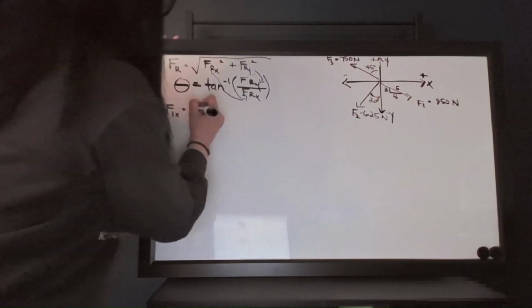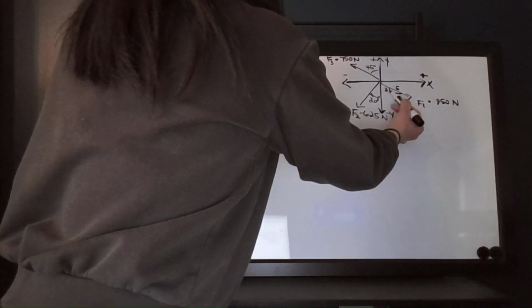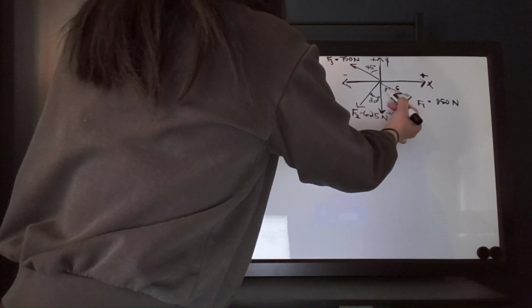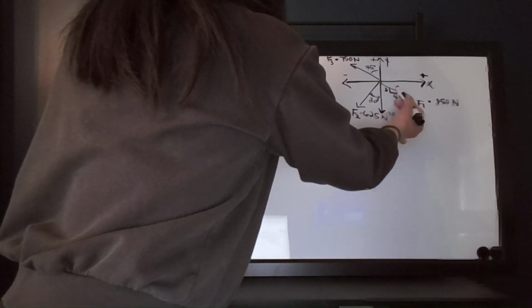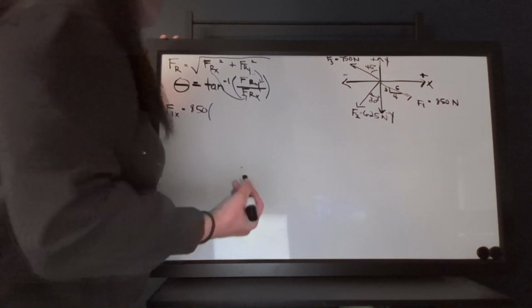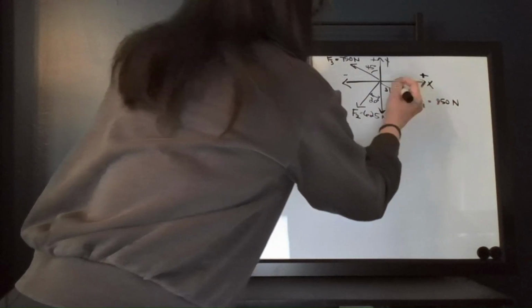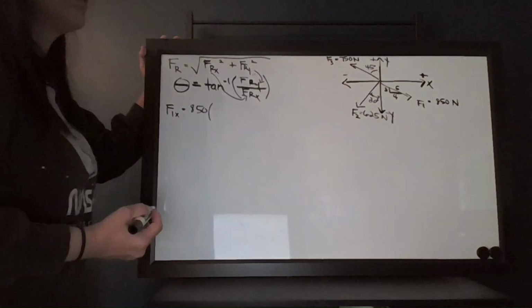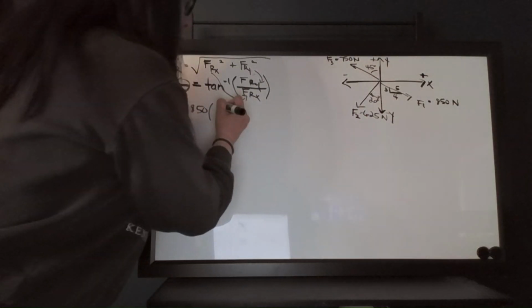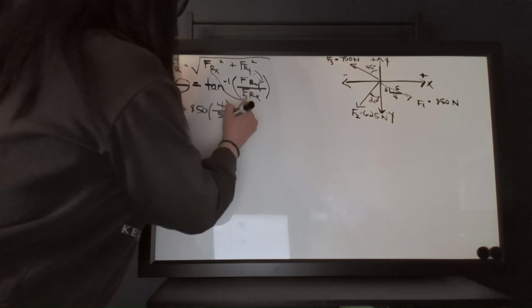So let's write it out, 850. We like to multiply this by 3 over 5 or 4 over 5, depending on which component you're using. In the x direction, we use this line that's parallel to the x-axis, so we're going to write down 4 over 5.